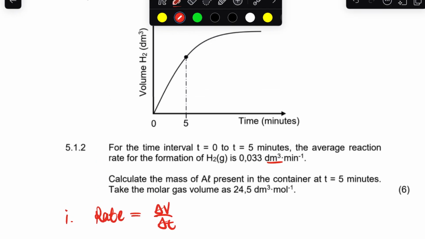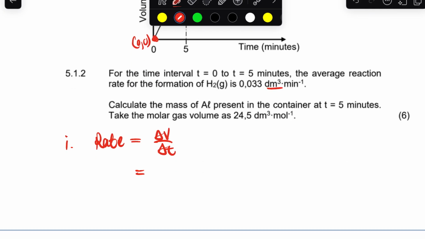What do you need to remember here? This is an initial. There was nothing initially. It's a 0 volume at 0 time. Then at 5 minutes, we want that final volume, right? That's the volume we want. So it's going to be V final minus V initial divided by T final minus T initial, right?